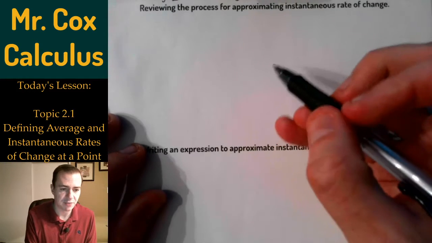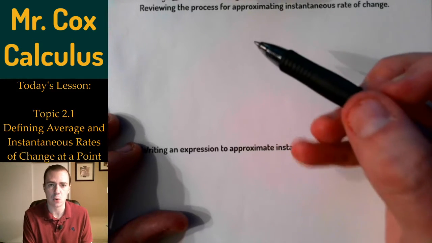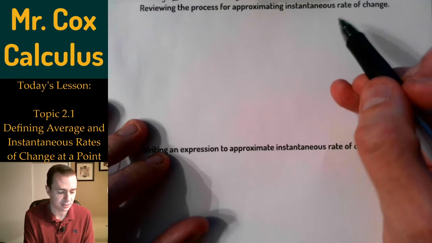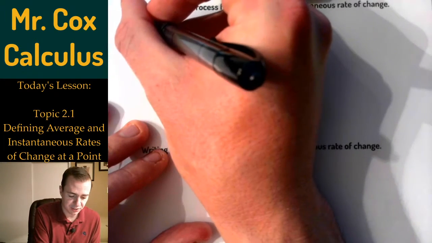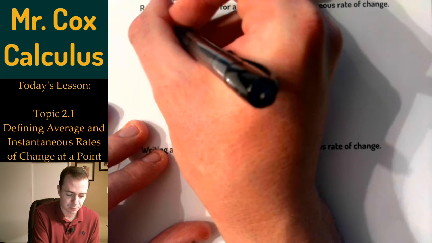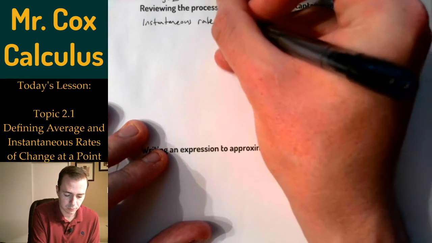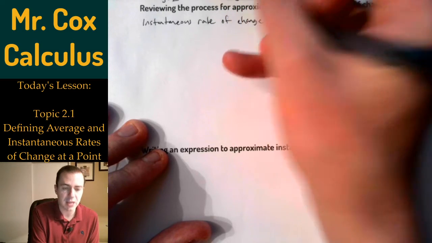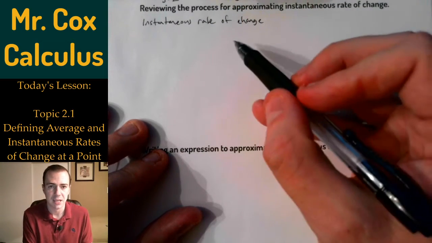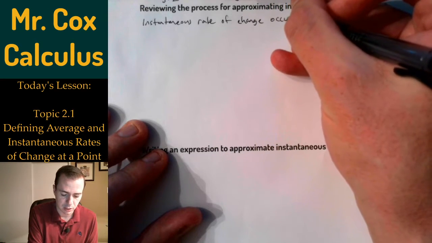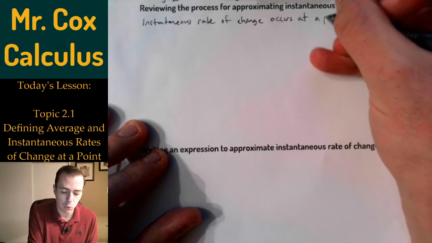The other main definition that we get in this topic 2.1, in addition to average rate of change, is this idea of instantaneous rate of change. If we said that average rate of change occurs over an interval, it's important that we know that instantaneous rate of change occurs at a single point.